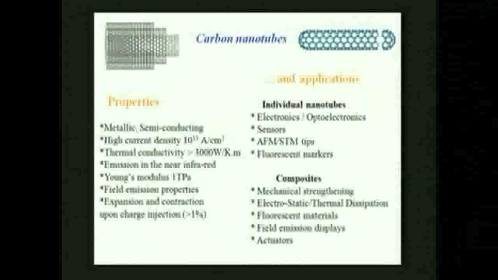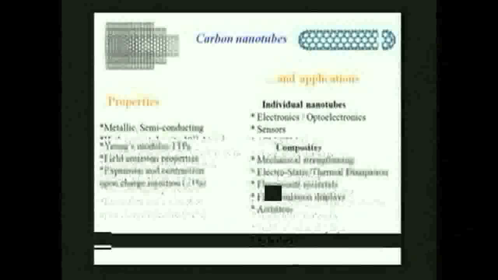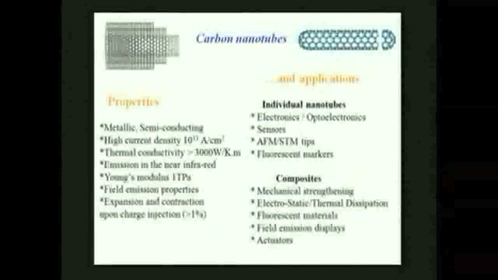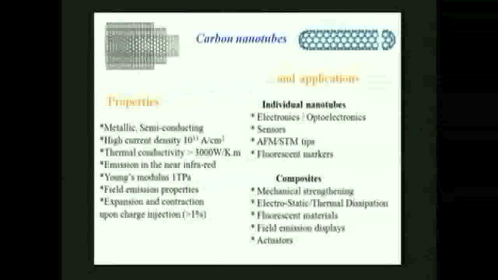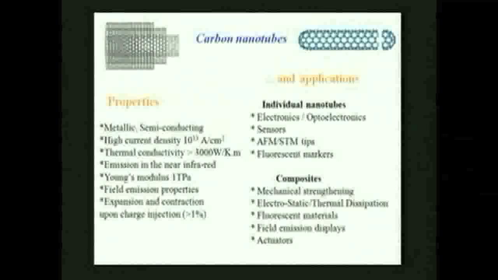One knows how to prepare transistors or diodes with nanotubes. Obviously, there are issues to develop that at an industrial level, but at the lab level, people already know how to prepare electronic components with nanotubes. Because they are very sensitive to their environment, you can use them as sensors, because when they absorb gas, it will change their electrical conductivity or their optical properties. So you can imagine different kinds of sensors with them.